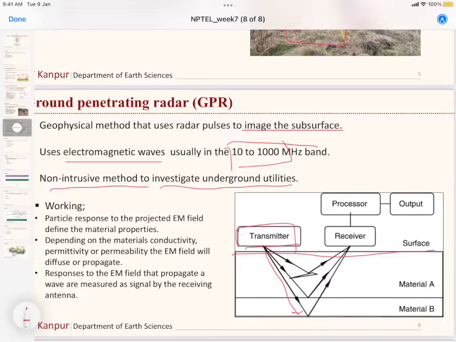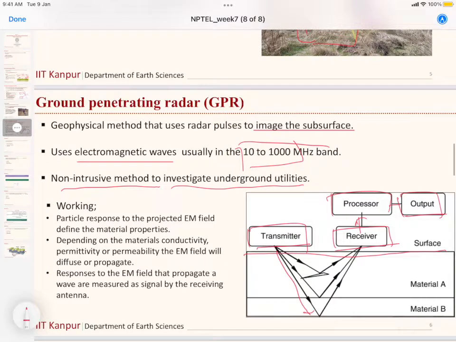This reflection data is received in the receiver, and then we process the data using some processing steps, and through the output we get a seismic section through which we can identify whether there is some anomalous feature present in the subsurface or not, because every material has a different property through which it reflects the wave, and that wave response will help us to detect that element or material present in the subsurface.